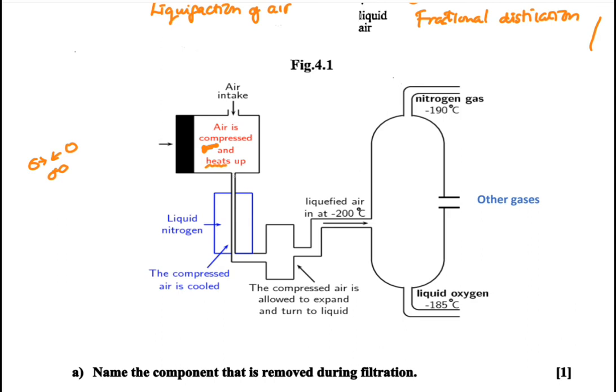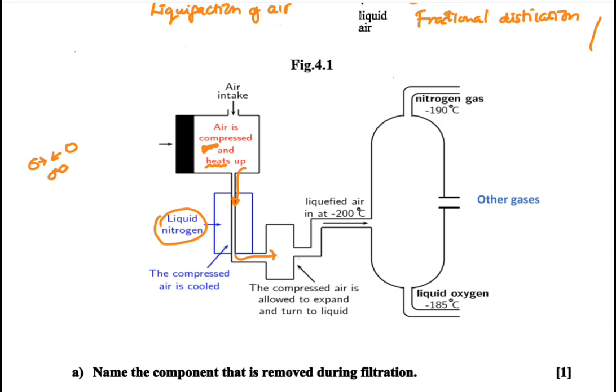So when the air goes through this channel it heats up, and it needs to be cooled. It is cooled with liquid nitrogen, then compressed again, and then it is allowed to expand and it turns into liquid.